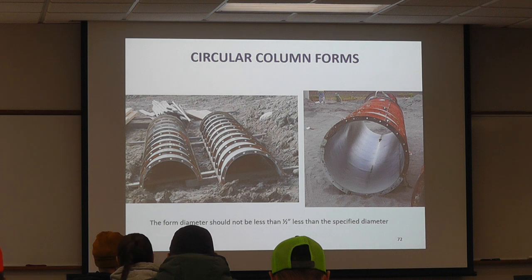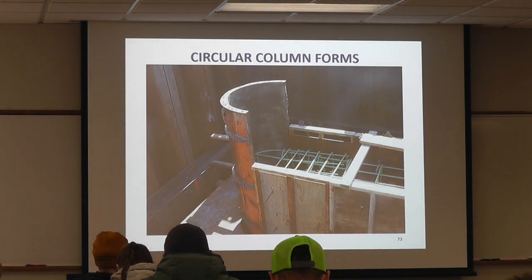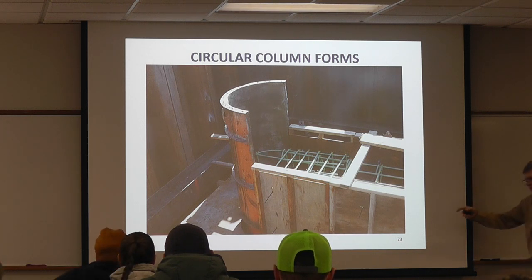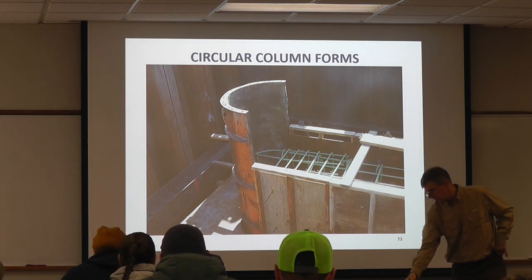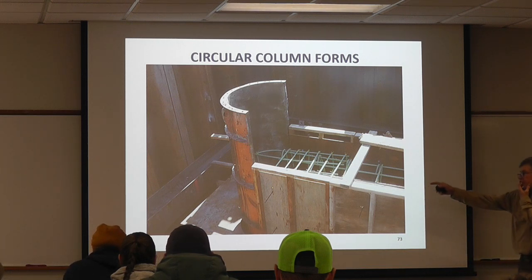Circular column forms can be used in many ways. It can be used to form up columns, or this next picture shows it used to form up a circular configuration, much like our pier actually on 27138. They could have perhaps formed that end of the pier with something similar to this.